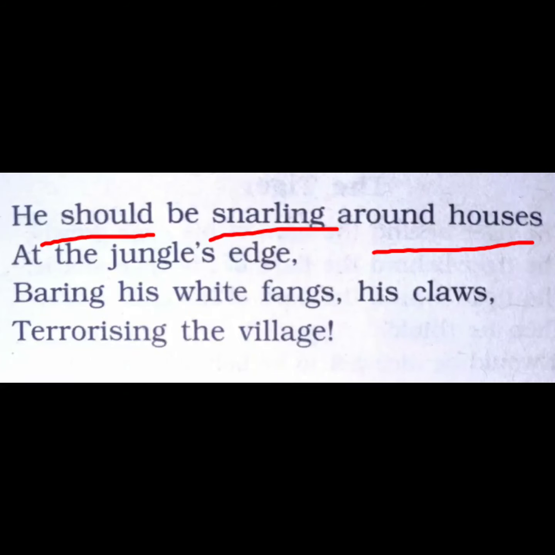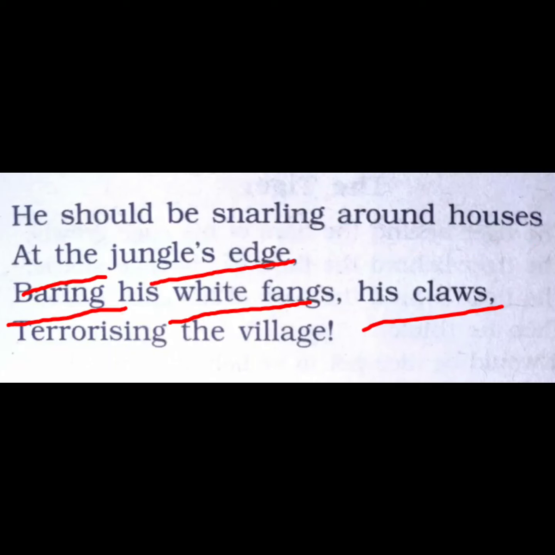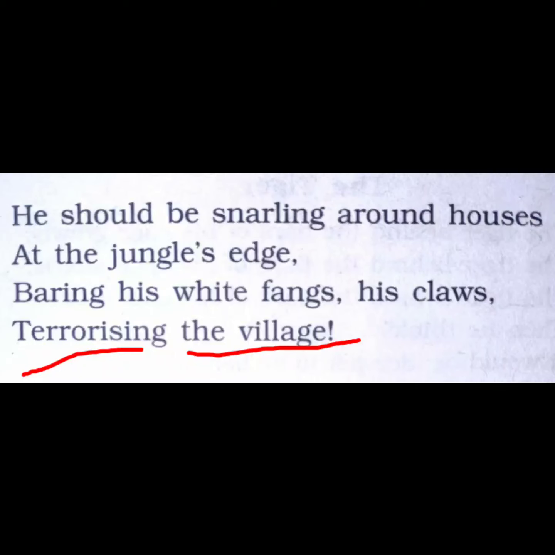Let us move on to the third stanza. He should be snarling around houses at the jungle's edge, baring his white fangs, his claws, terrorizing the villages. Snarling means making an angry sound. The tiger, which is in the zoo, should actually be in the jungle, in the forest, making the angry sound to threaten the people who are living at the edge of the forest.